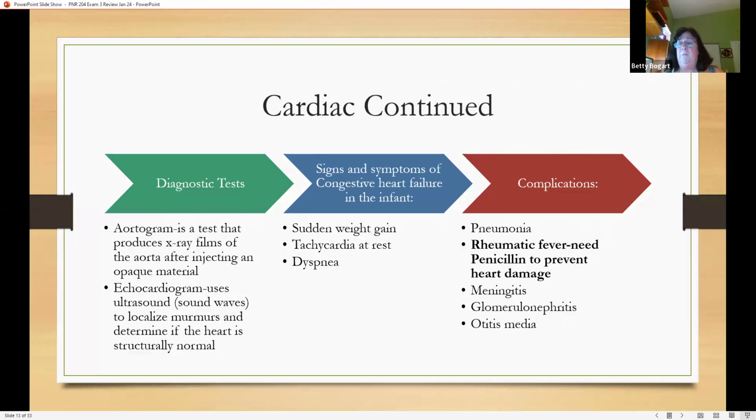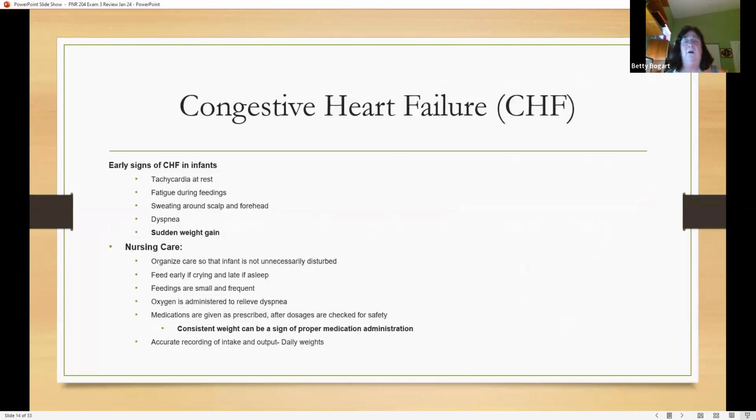And remember, they're going to be given penicillin for 5 years prophylactically with this one to take care of that heart. And again, this strep goes into the brain, goes into the kidneys, and into the ears. Meningitis, glomerulonephritis, otitis. So again, congestive heart failure, we've gone over a lot of them, but what do we have to be concerned about?